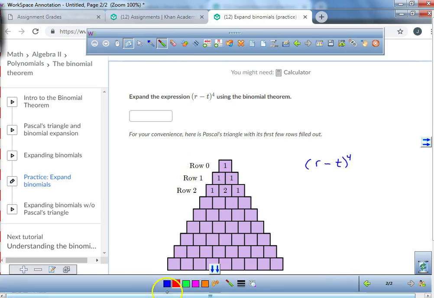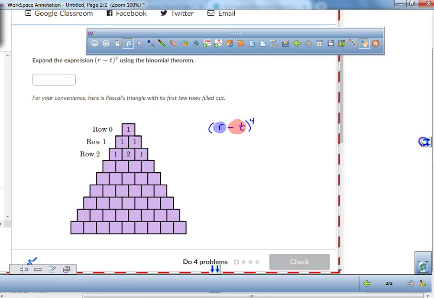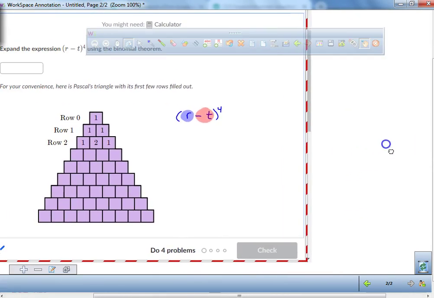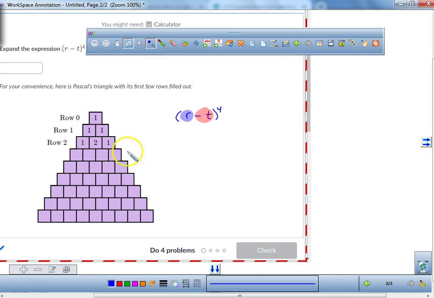I'm going to highlight this one in blue and this one in red. Okay. Give us a little bit of room here. I'm not going to recreate Pascal's triangle. I already know I'm starting off with a 1. And then what do we have next?